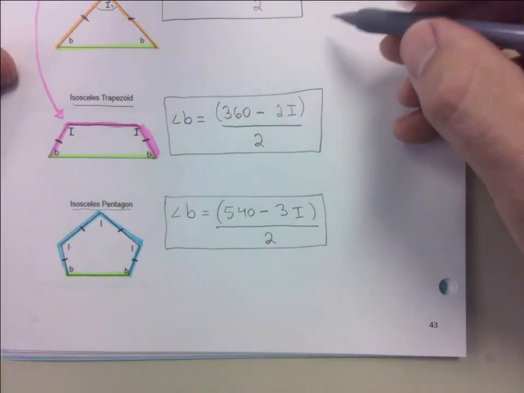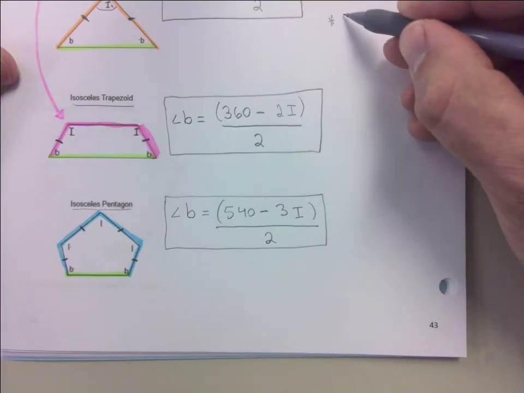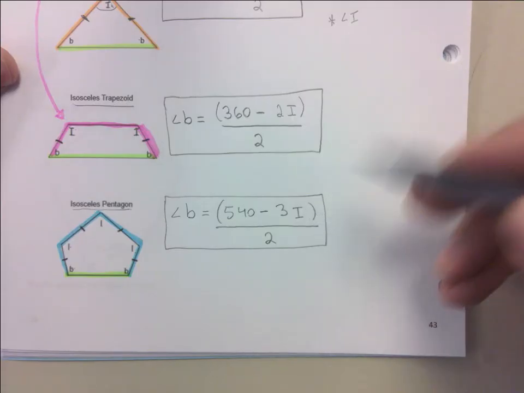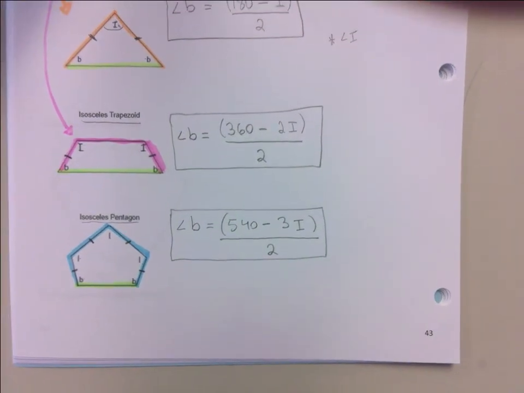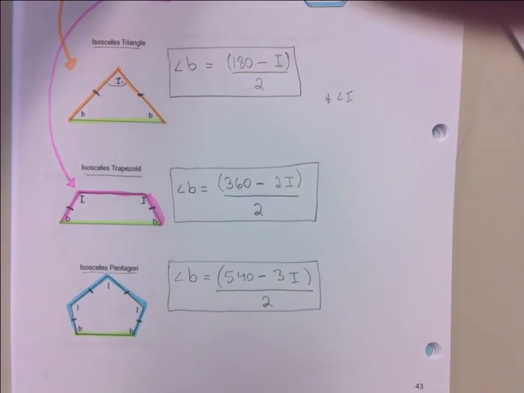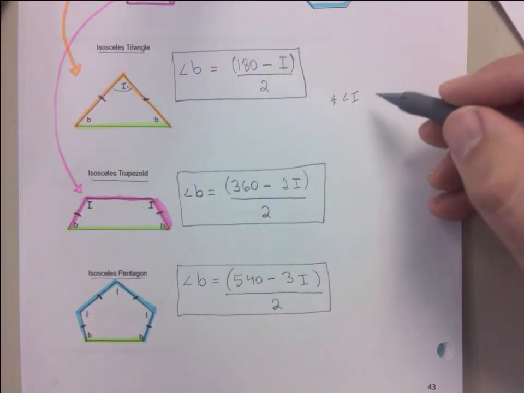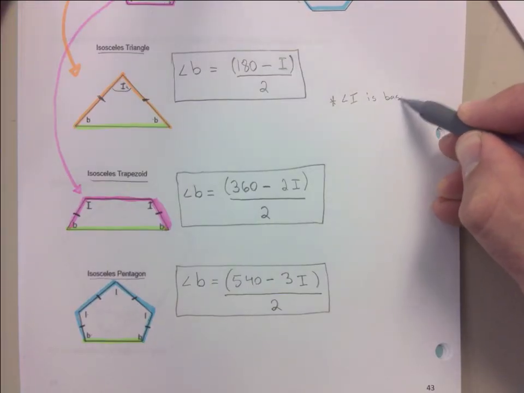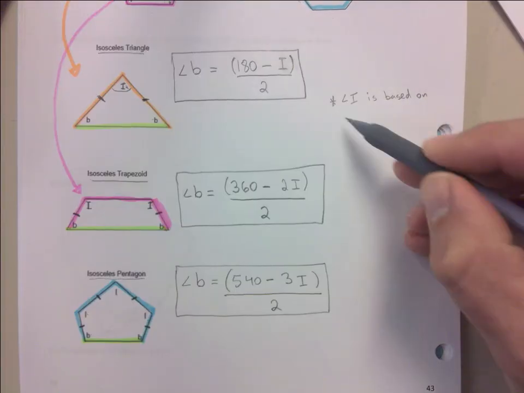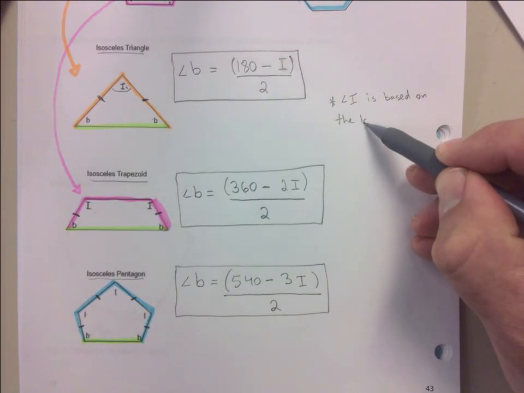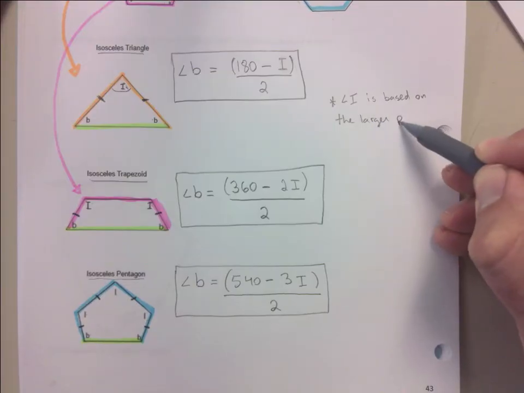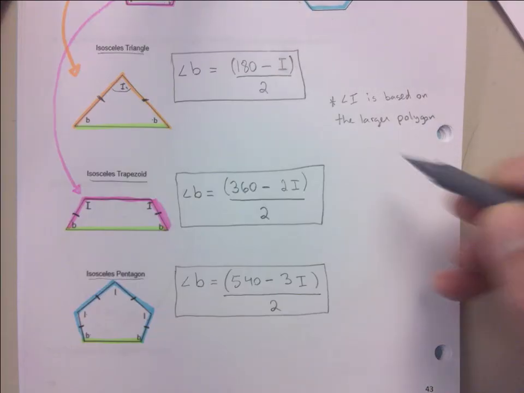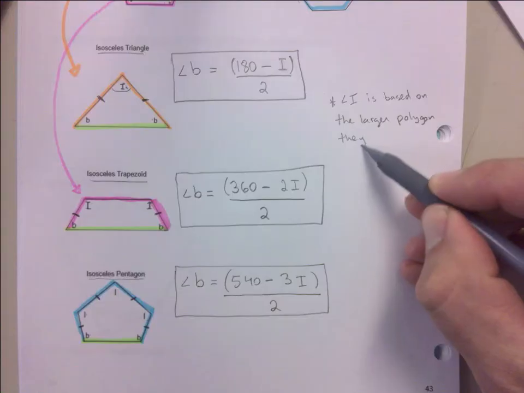And I'm just going to make a note here. Angle I in all of these, or you can't see that, can you? A note right there. Angle I is based on the larger polygon they are found in.